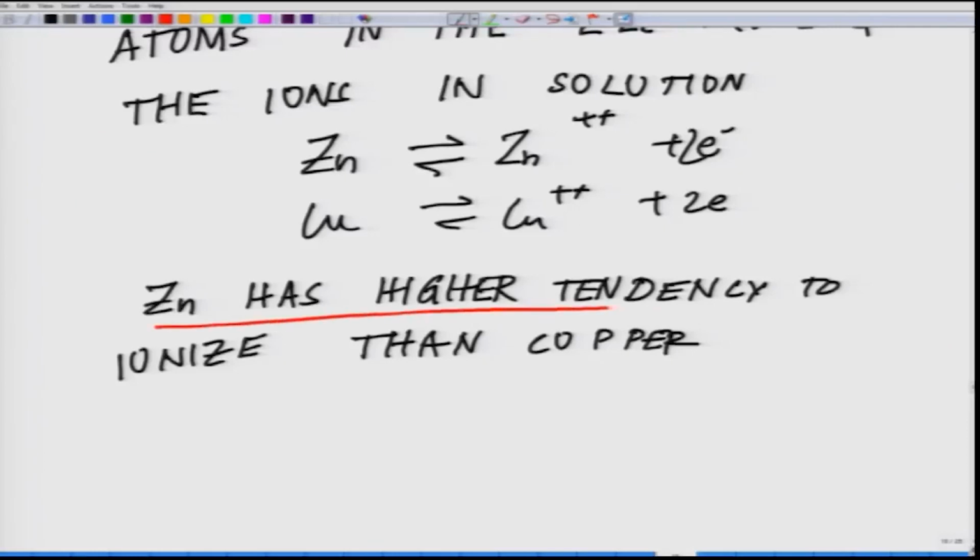I am highlighting this part because this is the key to understand this.